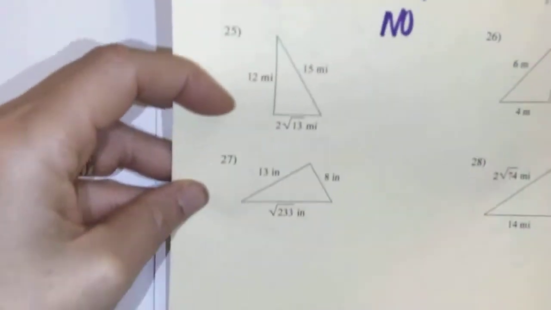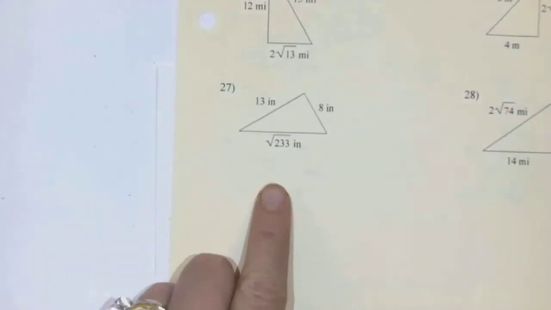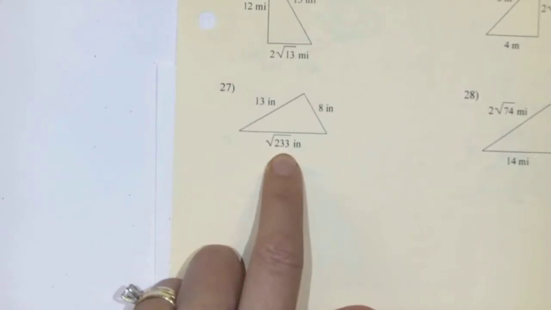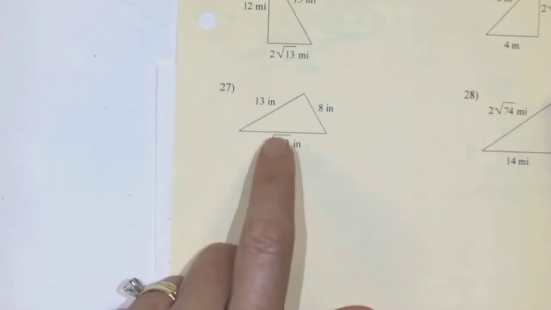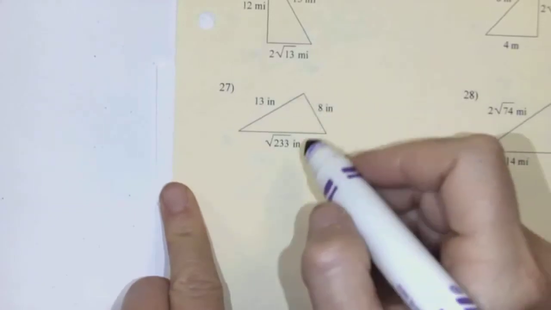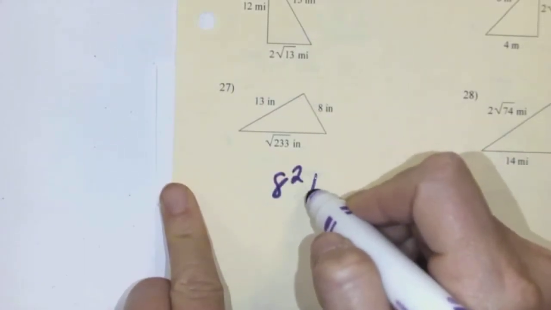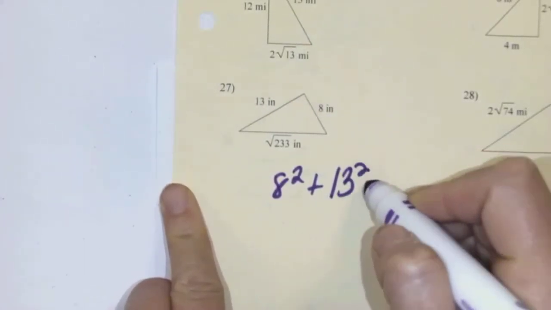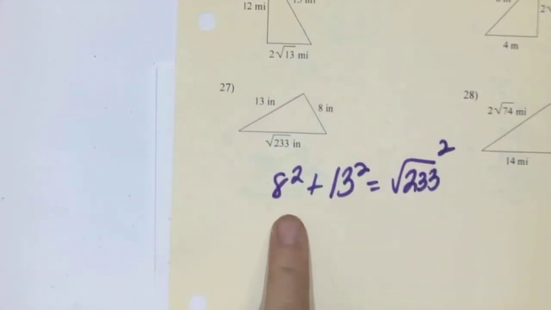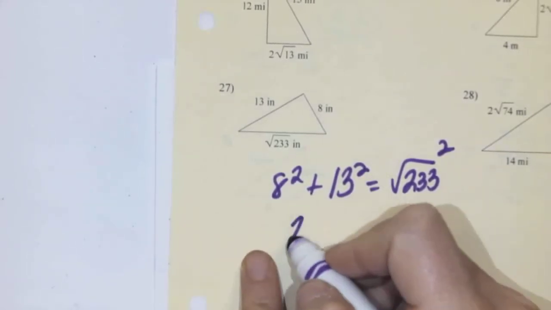Next, let's go to 27. Let's see. The sides are 13, 8, and the square root of 233. The square root of 233 is 15 point something, so that's actually my biggest side, and it even looks to be the biggest side. So I'm going to plug it into Pythagorean theorem. 8 squared plus 13 squared equals the square root of 233 squared. 8 squared plus 13 squared gives me 233.